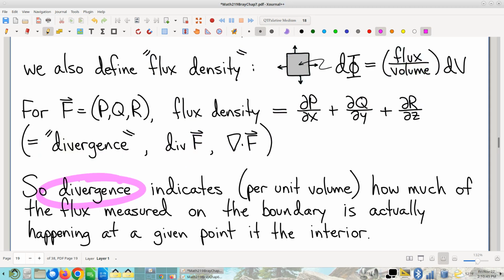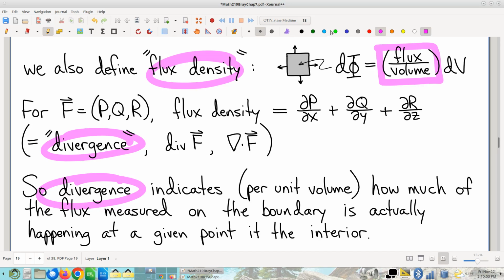Divergence, being flux density, being this right here, is telling you per unit volume, of course. You've got to deal with the fact that when there's more volume, of course, there's more stuff. Obviously. But per unit volume, it's just telling you the extent to which you have outward flow through the boundary.